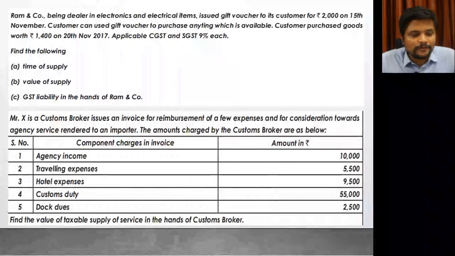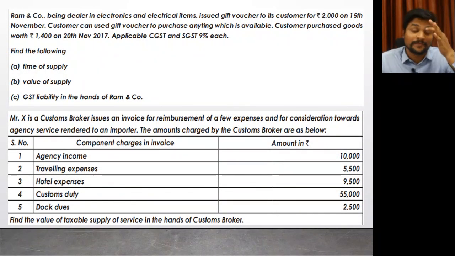Okay, now we will see a couple of questions under these valuation rules before we conclude this valuation chapter. Question number 1: Ram & Co is a dealer in electronics and electrical items. Ram & Co has issued a gift voucher to its customer for 2000 rupees on 15th of November.